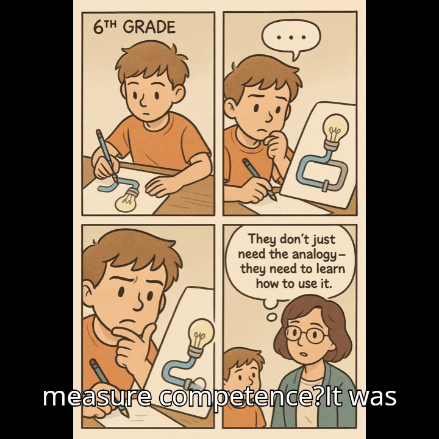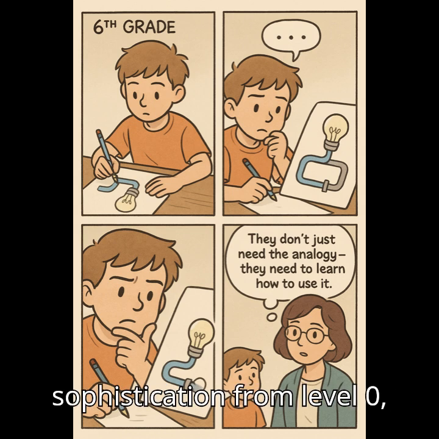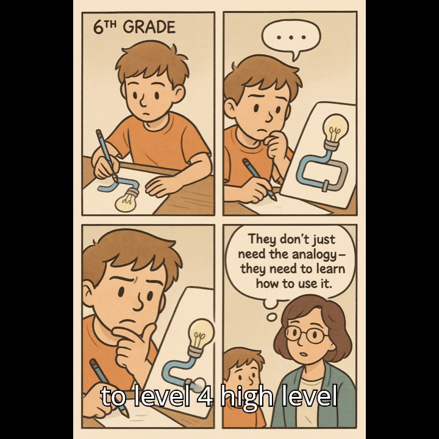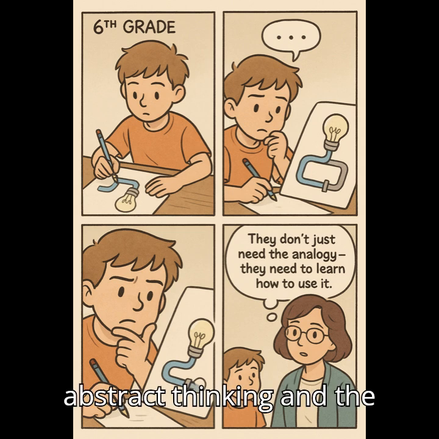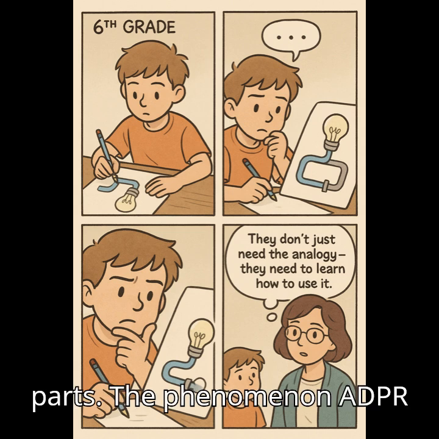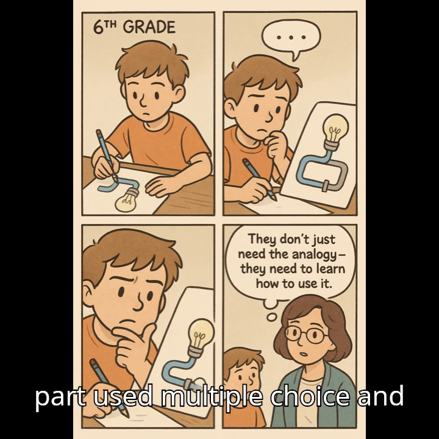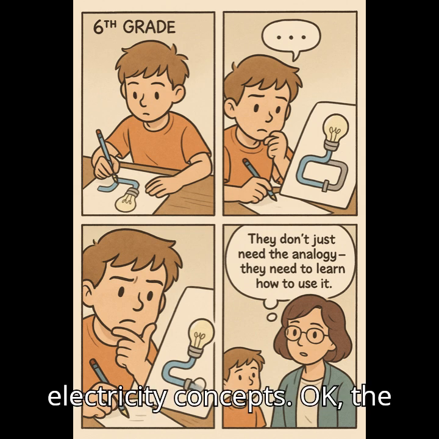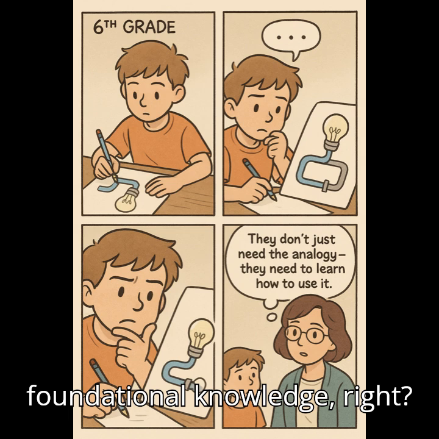I see. So the instrument had to account for that. How did it measure competence? It was built around levels of sophistication, from level 0, just based on experience, up to level 4, high-level abstract thinking. And the actual assessment? It had two parts. The phenomenon ABPR part used multiple choice and yes-no questions to check basic understanding of electricity concepts. Okay, the foundational knowledge. Right.